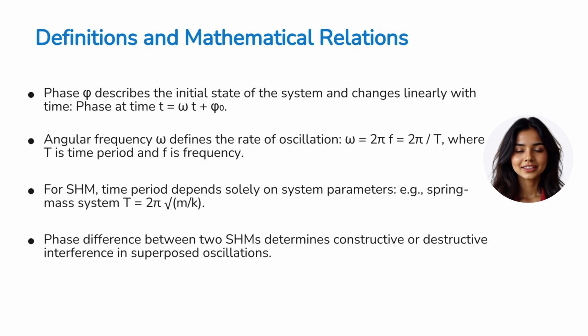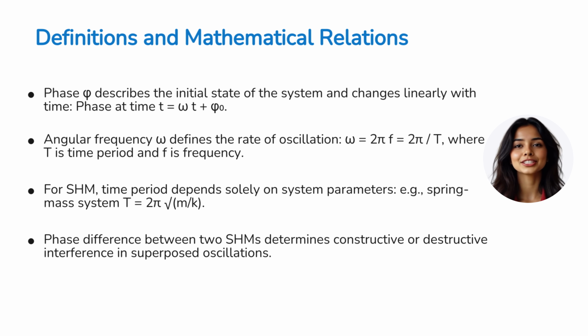For systems like the spring mass setup, the time period T depends only on the system parameters. It equals 2 times pi times the square root of m divided by k, connecting mass and spring constant neatly to how fast it oscillates. Finally, when we look at two different simple harmonic motions acting together, the difference in their phases, called the phase difference, determines whether they add constructively, making a bigger combined oscillation, or destructively, cancelling each other out.